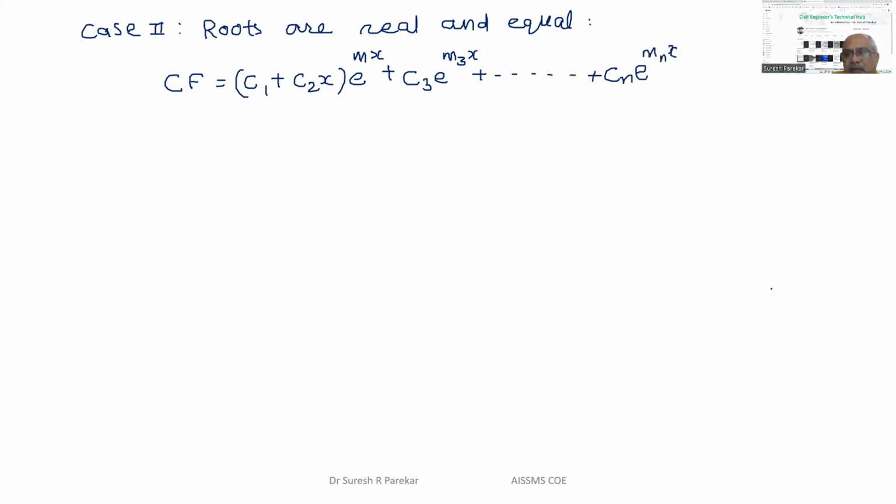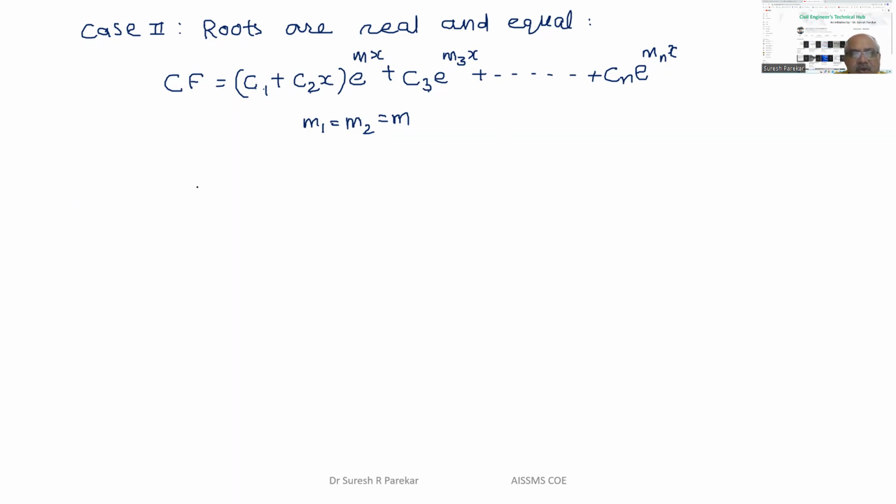Keep in mind that here we do not have m1, m2 separately, because m1 is equal to m2 is equal to m. So C1 we have over here, C2x we have over here, so C1 plus C2x times e raised to mx. As 1 and 2 are already considered, m1 and m2, the next term is C3 e raised to m3x.